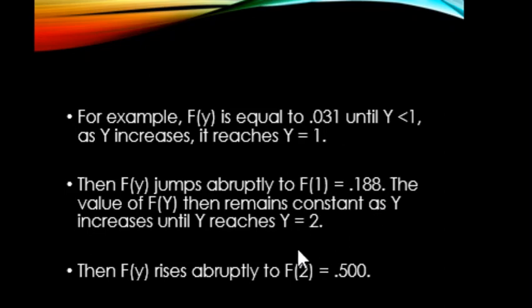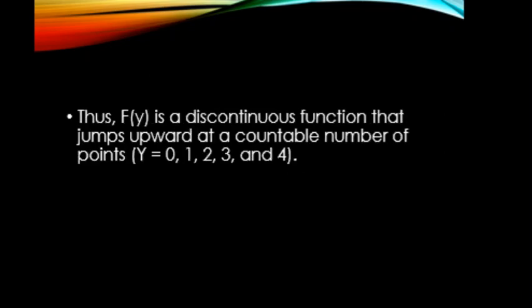Then further jumps until we reach the final number, which is 5 in this case, and at that point the probability is 1. So the number of jumps will be the number of values the variable can take. In this binomial distribution there were 5 possible values and then the 6th is the final value, so there will be 5 jumps to reach that.